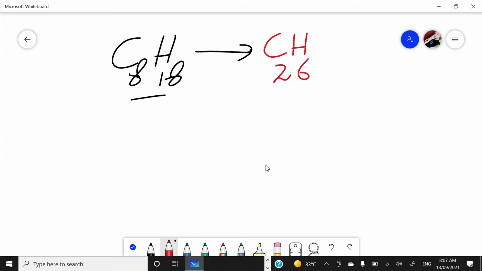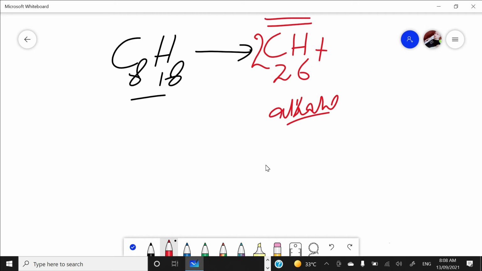C2H6. This is an alkane, right? If I double it, how many carbons are gone? 4 carbons are gone, but I made 2 molecules of an alkane. Single alkane, but 2 molecules.